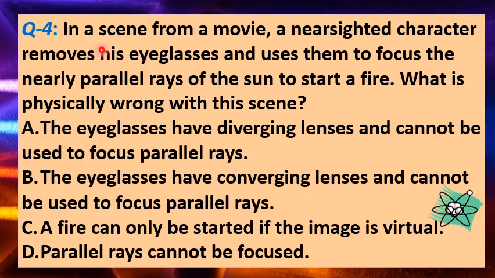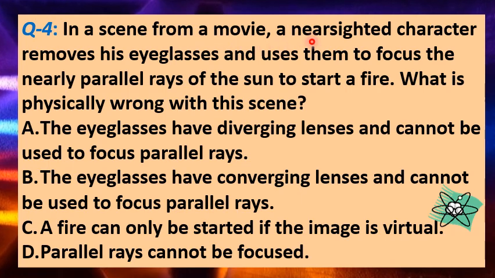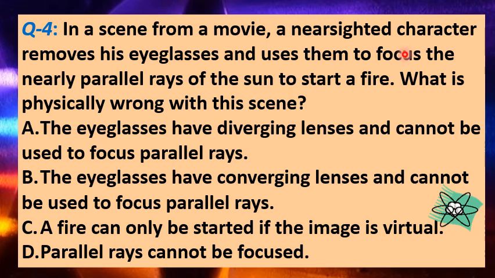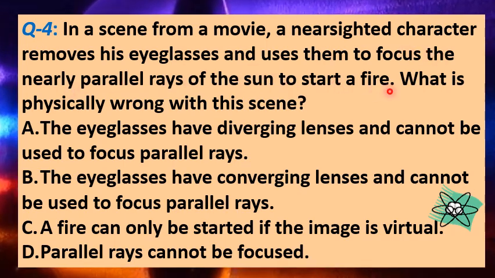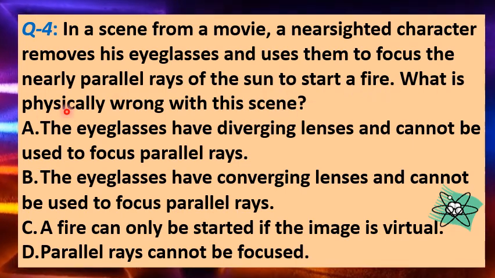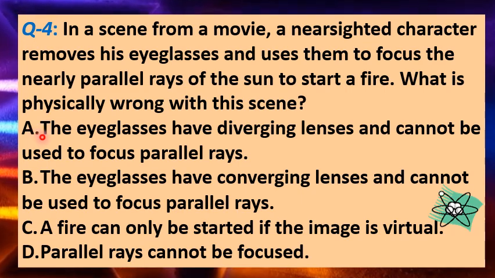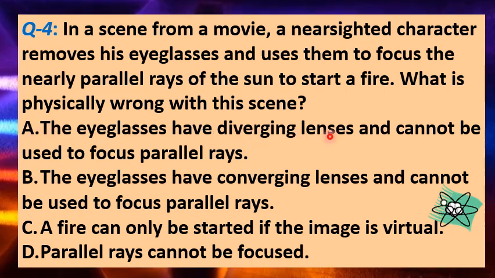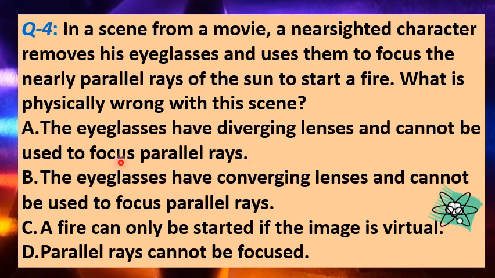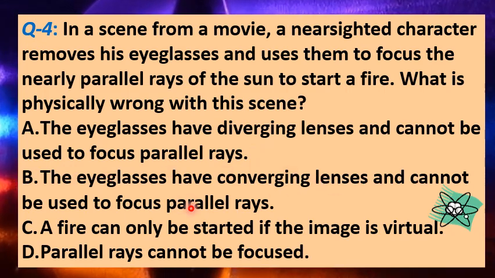Question number 4. In a scene from a movie, a nearsighted character removes his eyeglasses and uses them to focus the nearly parallel rays of the sun to start a fire. What is physically wrong with this scene? Option A. The eyeglasses have diverging lenses and cannot be used to focus parallel rays. Option B. The eyeglasses have converging lenses and cannot be used to focus parallel rays.